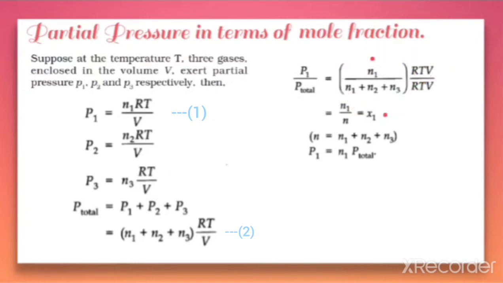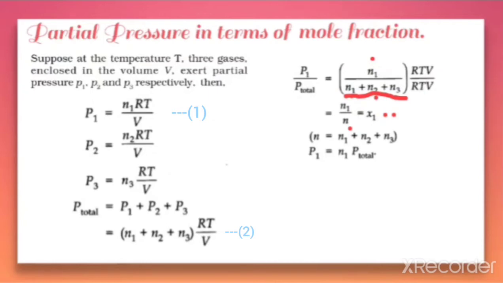That is N1 divided by N1 plus N2 plus N3. All together we can write this as small n, the total number of moles. So n1 divided by the total number of moles is equal to the mole fraction.